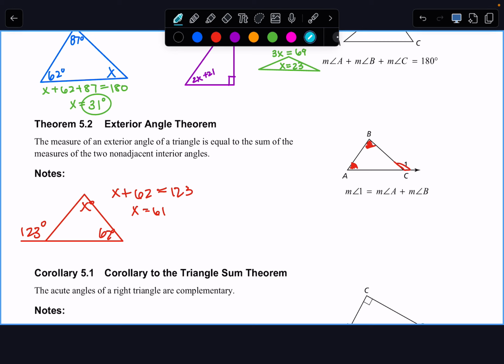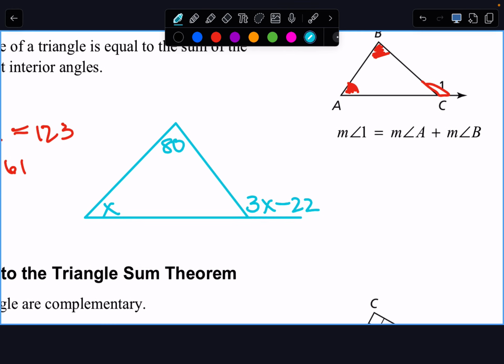That's my bad. All right. One more picture. That's an X. That's an 80. And this is a 3X minus 22. Okay, thank you.